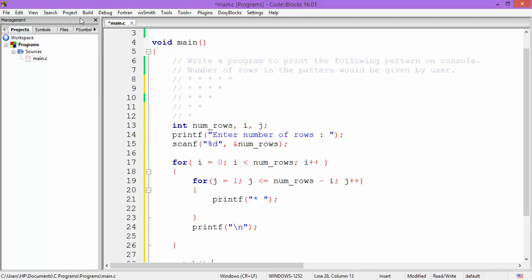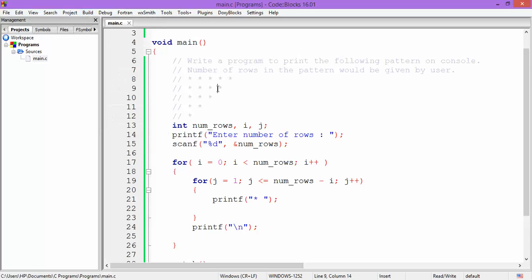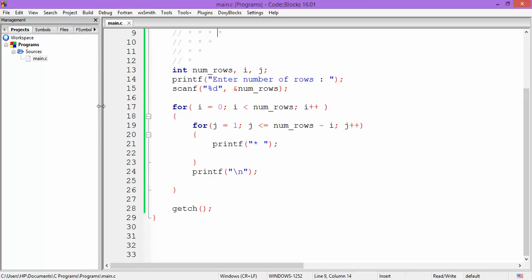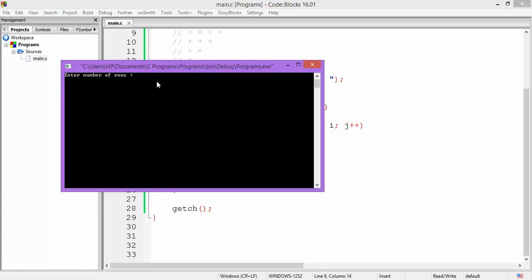So let us build it and check. So it is built correctly. If the user enters 6, the pattern is printed correctly.